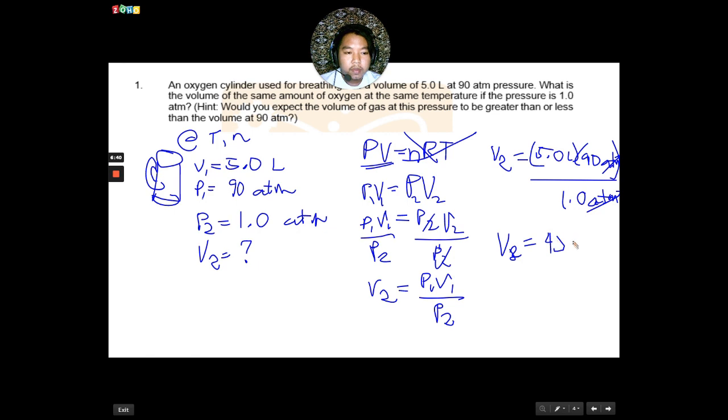So 450, significant figures. When multiplying and dividing, we copy the least significant figure. Actually it's only 1 significant figure, maybe 9.0 atm, but since it's 90 atm, it should be 500 liters because only 1 significant figure, no?